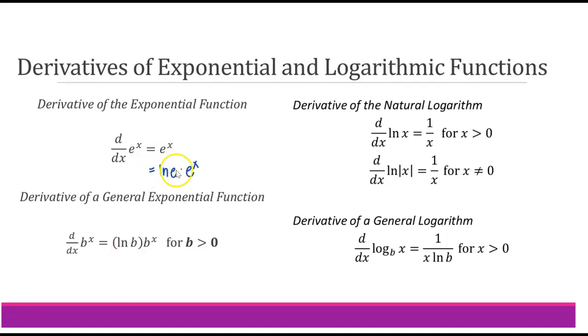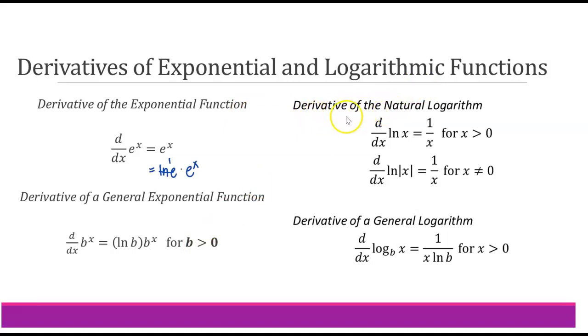But we know that natural log of e is just 1. So that's why the derivative of e to the x is just e to the x, because it's really just falling into this category of a general exponential where the base is e. And then let's talk about the inverse of exponential functions, which is logarithms.